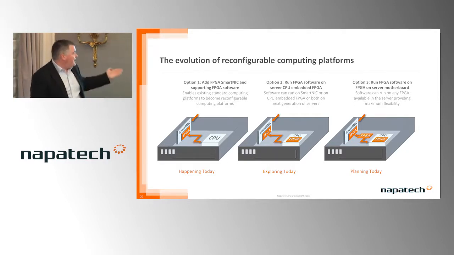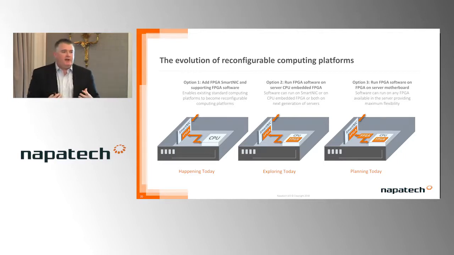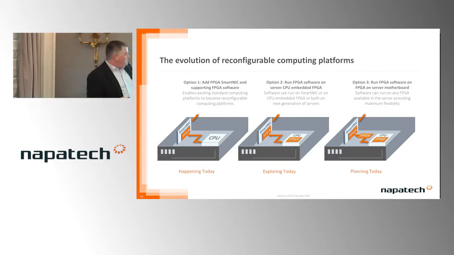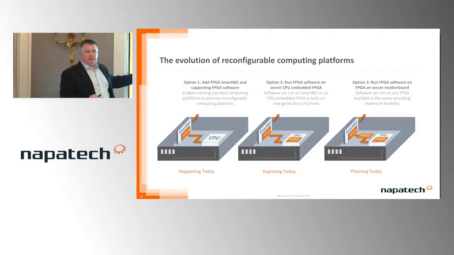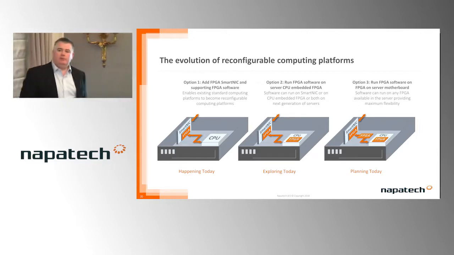You don't have to have a SmartNIC FPGA, but you probably would like to, because the sizes of these FPGAs might be a little different, and the ability to split up your work so it's closer to the network or closer to the CPU is what you're going to see going forward. So a lot of different options are coming, and there's certainly a trend towards it. We're seeing the start today, SmartNIC FPGAs turning standard computing platforms into reconfigurable computing platforms. But as we go forward, we're going to see servers coming out with this stuff embedded, being native reconfigurable computing platforms.